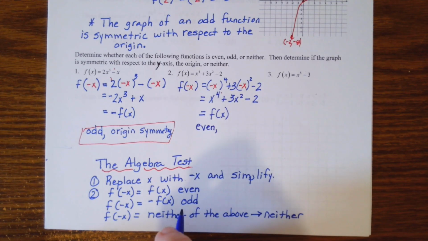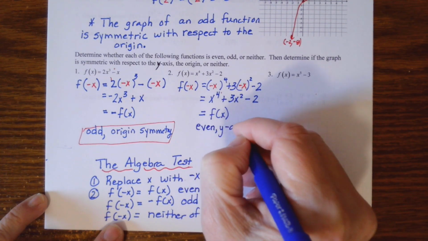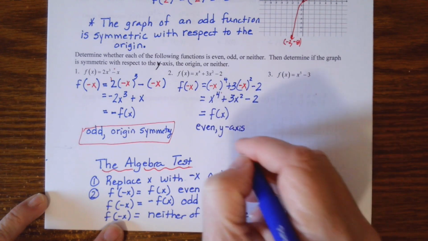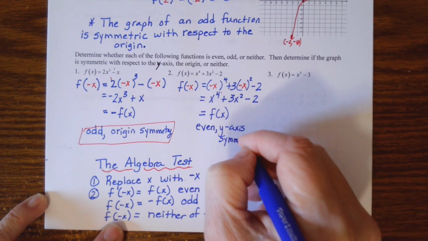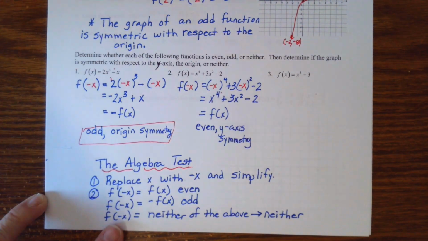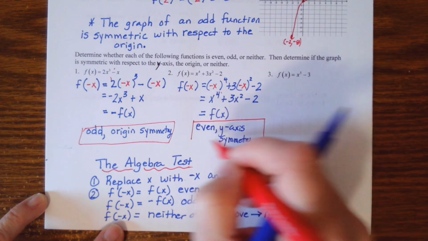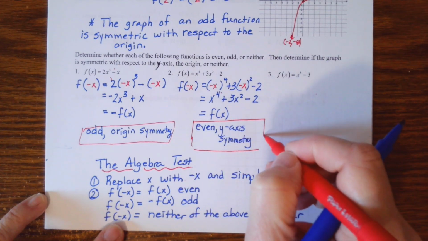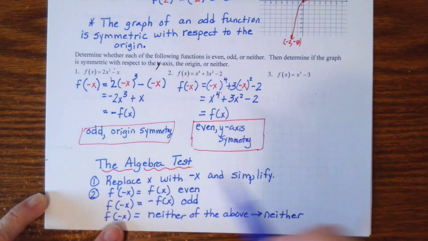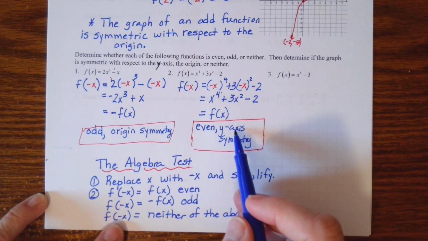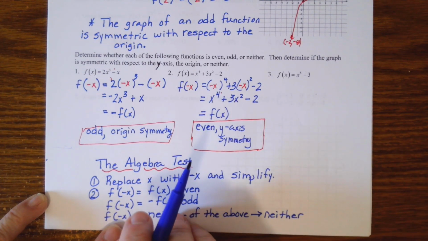And by definition of even, I know that I have symmetry along the y-axis. So I can say that this function is an even function and it is symmetric along the y-axis. So it's going to reflect along the y-axis.